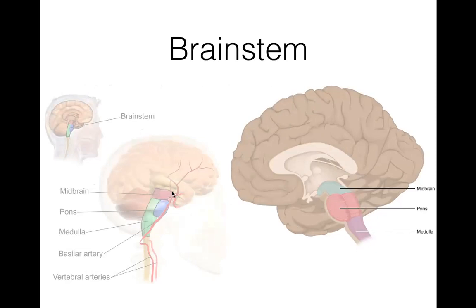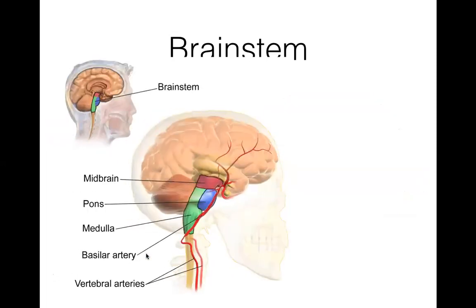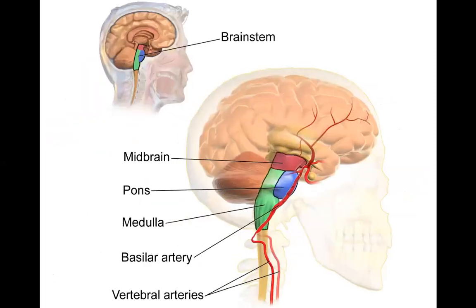So it is divided into the midbrain superiorly, into the pons, as well as the medulla. And medulla is the one that is directly continuous with the spinal cord. So just to reiterate, the brainstem connects the spinal cord with the rest of the cerebrum. So it's divided again into the midbrain, the pons, and the medulla.